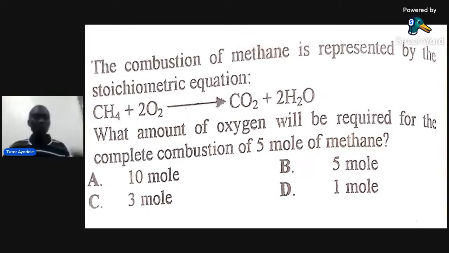So this one is complete combustion. If it is incomplete, it will give you CO plus water.